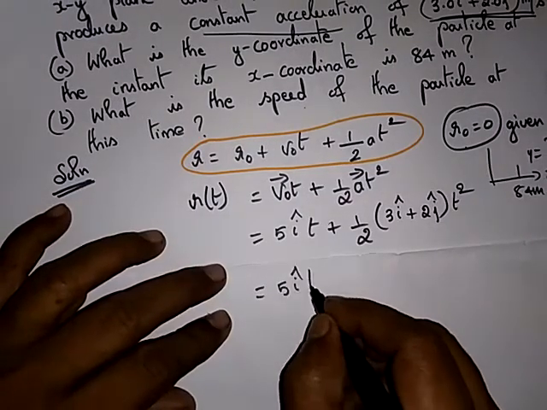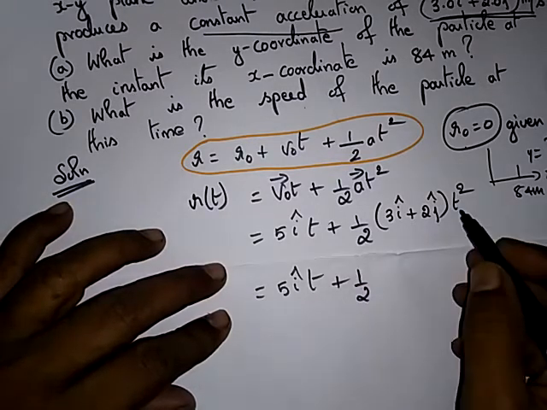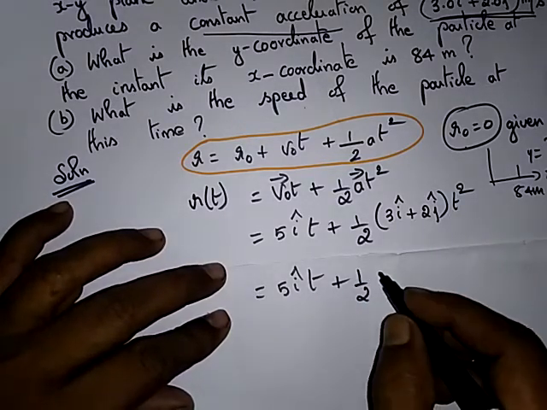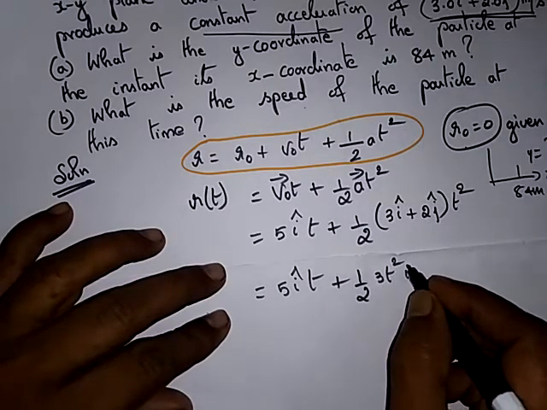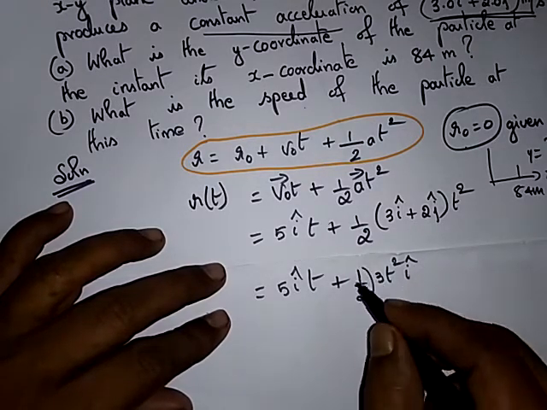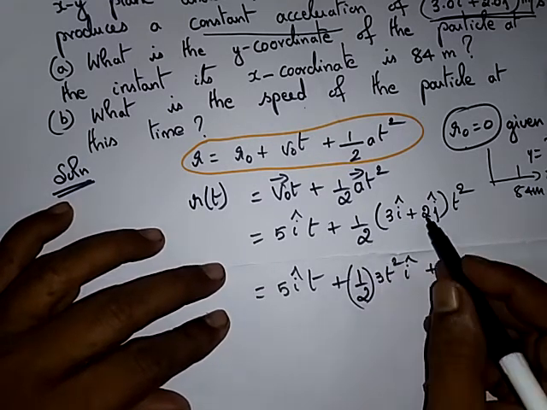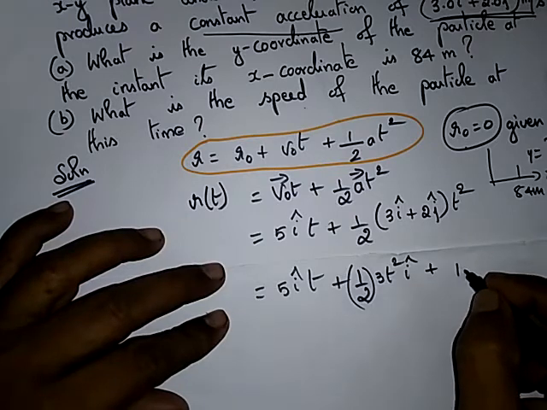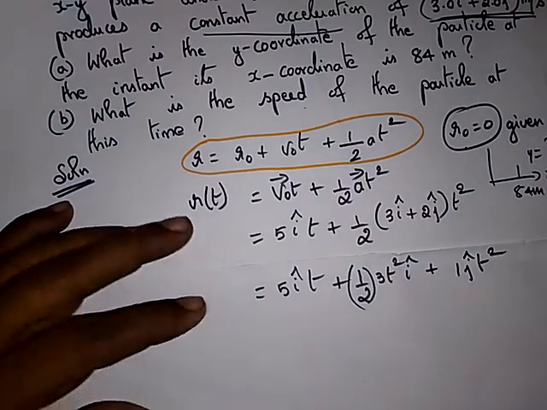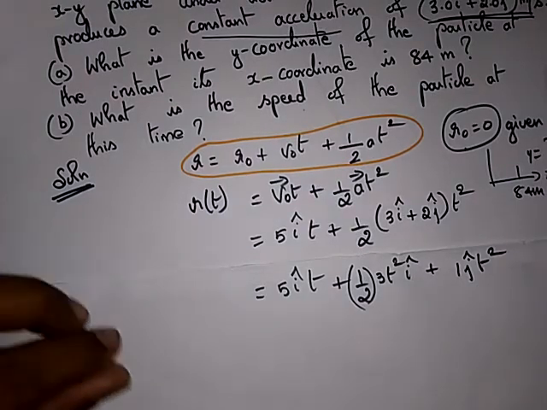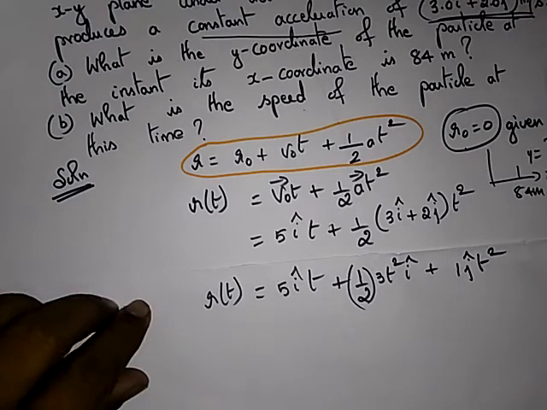5 i cap t plus, bring this t here, so 3 t square i cap plus, this 2 and this 2 get cancelled, therefore 1 j cap into t square. Okay, this is r of t. Right.